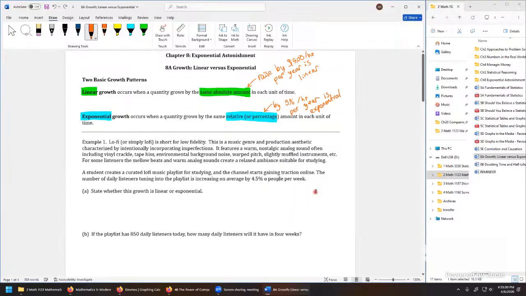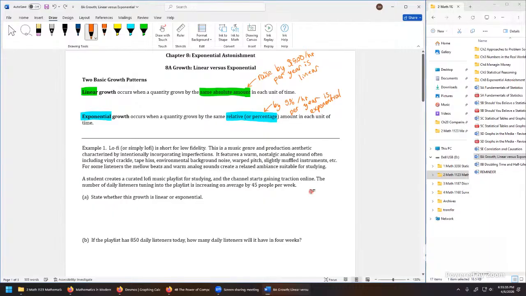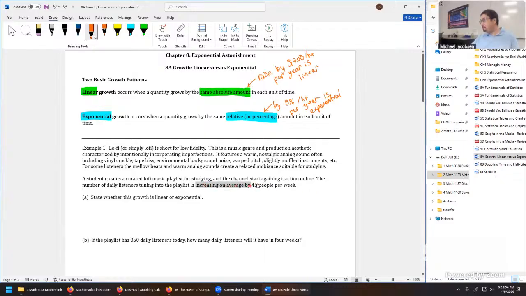Okay, so when they say on average, so if it says increasing on average by 45 per week, it's going to be using that 45 every single time as the average number. Because in my head I was kind of thinking about 45 every week. Yeah, that's essentially what they're saying, whether you say about 45 or on average 45 every week. What they're meaning is maybe they started this weeks ago and they looked into 10 weeks, looked at how much it increased by every week over those 10 weeks.